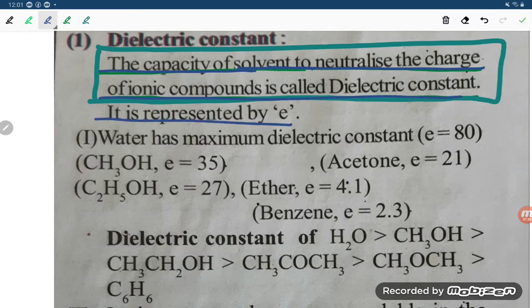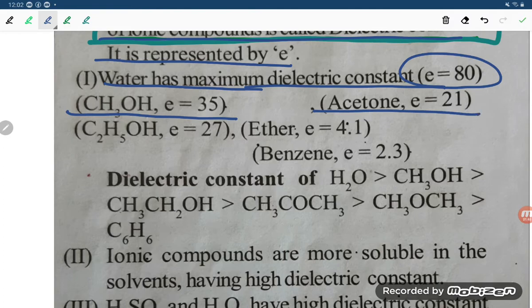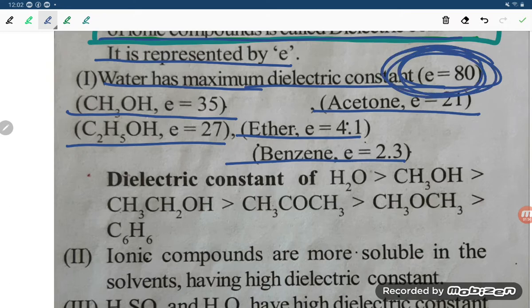It is represented by E. Water has the maximum dielectric constant, that is 80, methyl alcohol 35, acetone 21, ethyl alcohol 27, ether 4.1, benzene 2.3. What is the meaning of this, student?